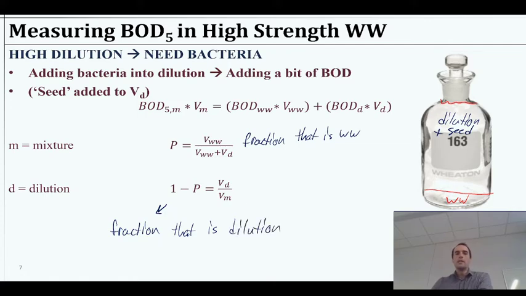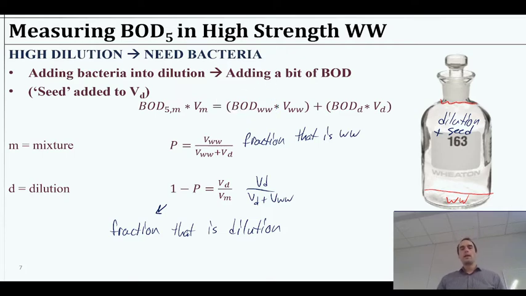And that's going to be VD over the mixture. We could say that as VD over VD plus wastewater. Should be pretty straightforward. That's going to come back in a moment when we solve for how to find the BOD of the wastewater from this equation.